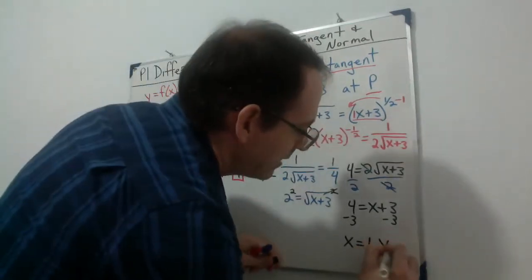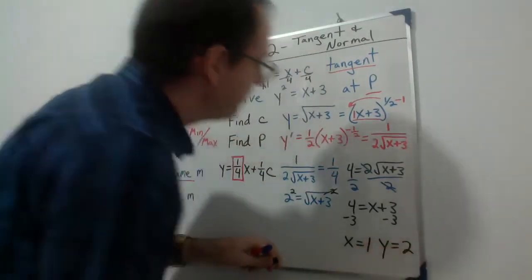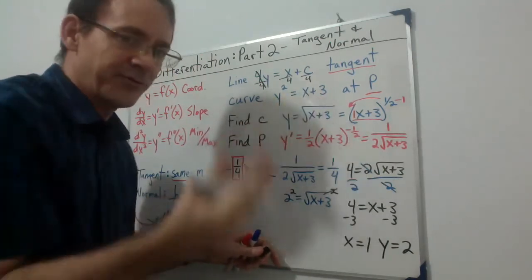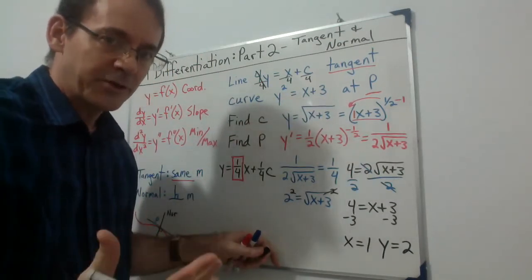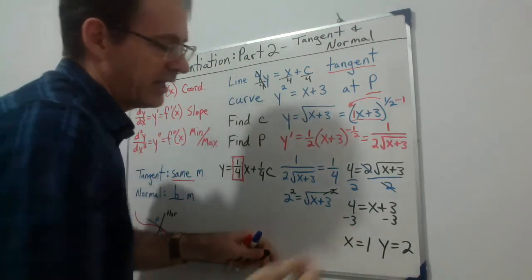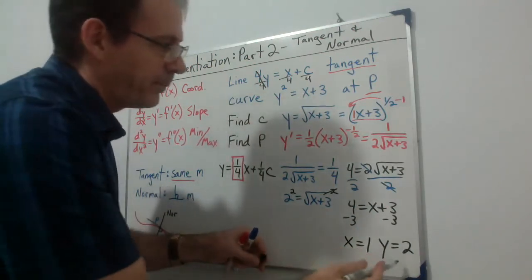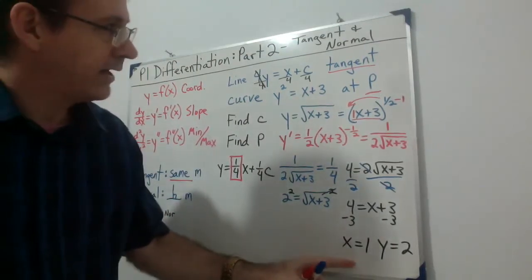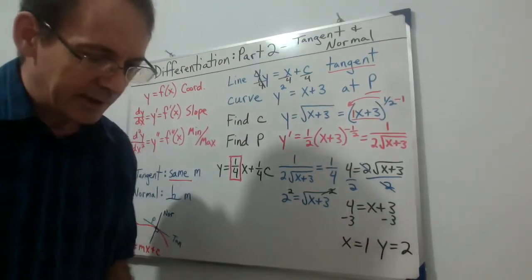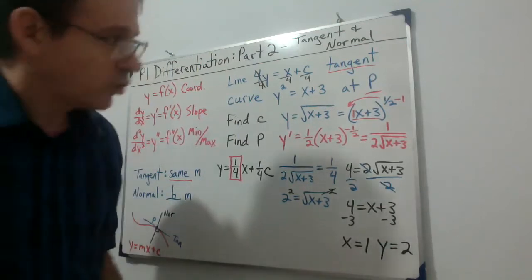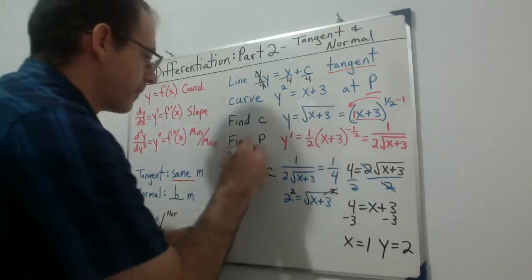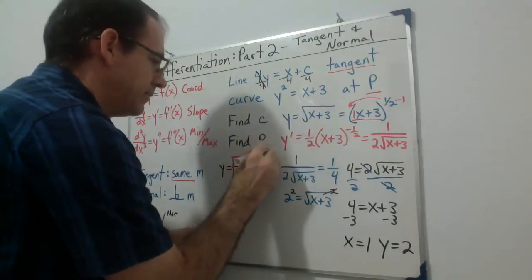So our y value is 2. If you plugged it up here, you'd still get 4, and then the square root of 4 is plus or minus 2, but we're looking specifically for the positive 2 in this case. So 1 and 2 is our coordinates. So we already have the answer for P. Find P, 1, 2.